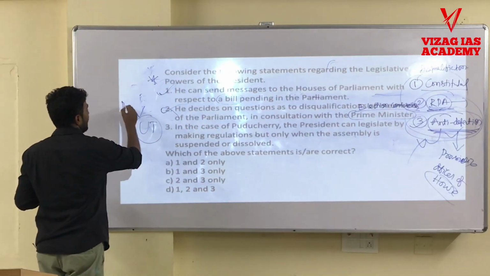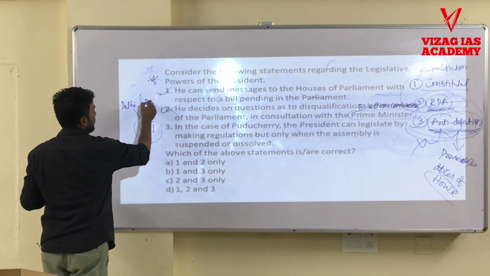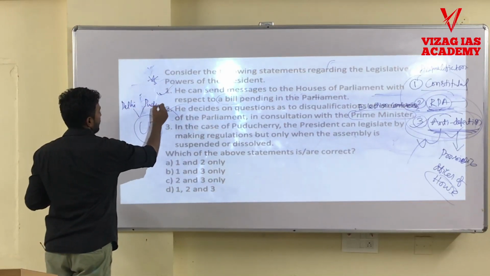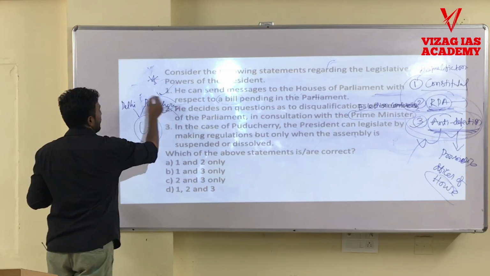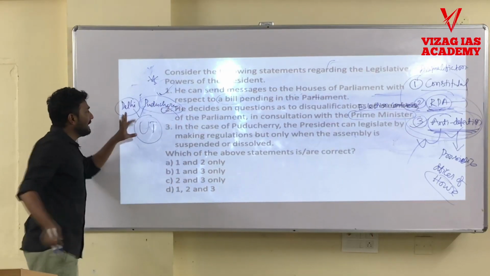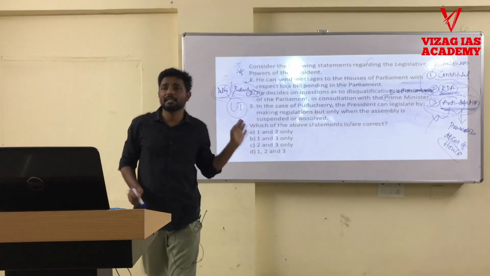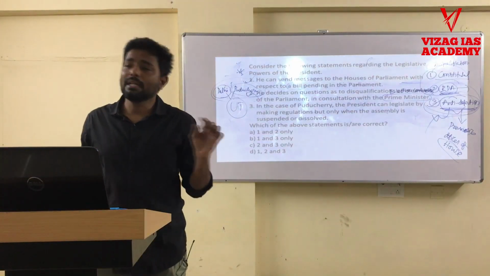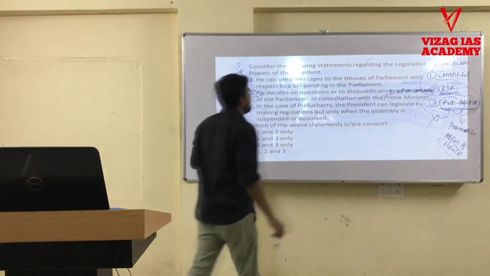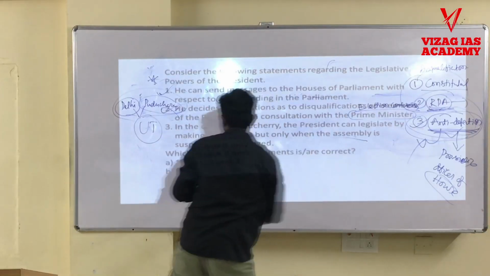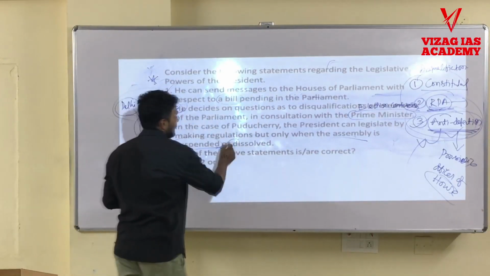One is Delhi, another is Puducherry. So the president can legislate even in these cases, but only when the legislative assembly is either suspended or dissolved.